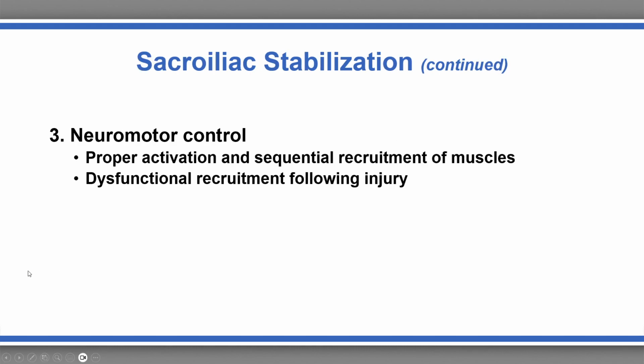Lastly, the third element in creating sacroiliac stabilization is neuromotor control. Neuromotor control, as you know, is important to normal function of any body segment. Injury and pain often create a disruption or impairments in neuromotor control as well.